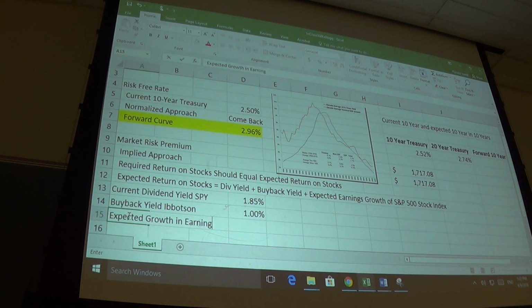All right, and then the expected growth in earnings should be a function of economic growth, which should be productivity growth plus labor growth plus inflation.